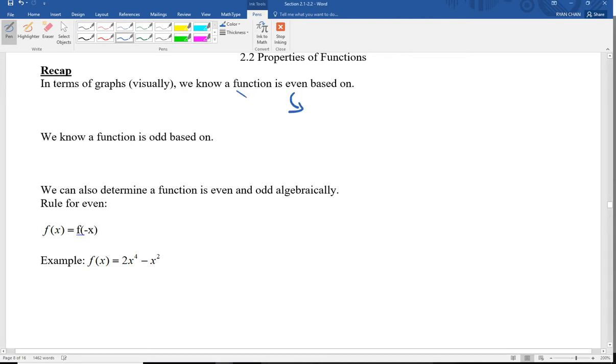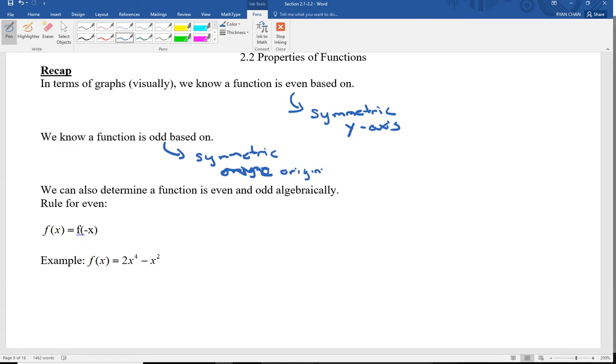It means that it is symmetric towards the y-axis, which is what we just did, and then odd is symmetric by origin. So let's remember, symmetric by y-axis. Sorry, origin.